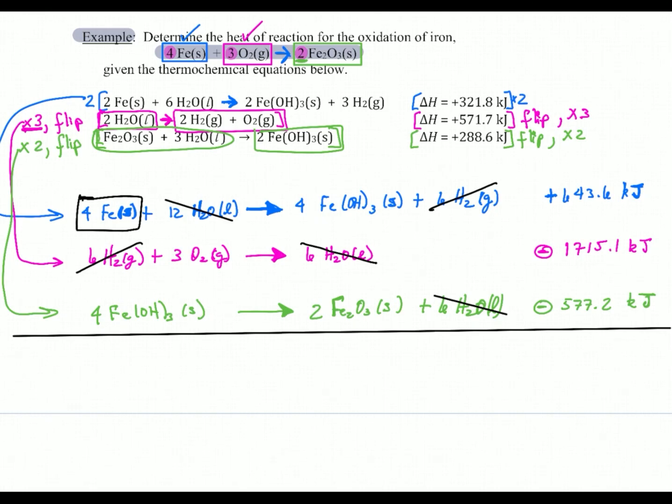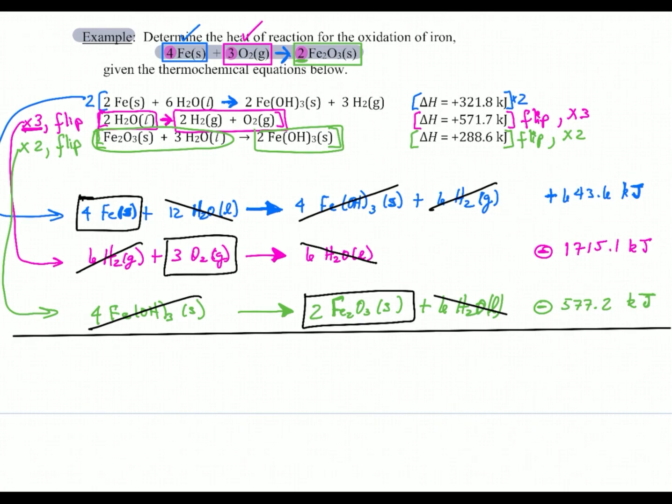I see 3 moles of oxygen gas on the left and do not see that on the right, so that will stay. I see 4 moles of iron(III) hydroxide solid on the left, and I also see that on the right, so that will cancel. And what's left on the right, that there is nothing on the left to possibly cancel out, is 2 moles of iron(III) oxide solid.